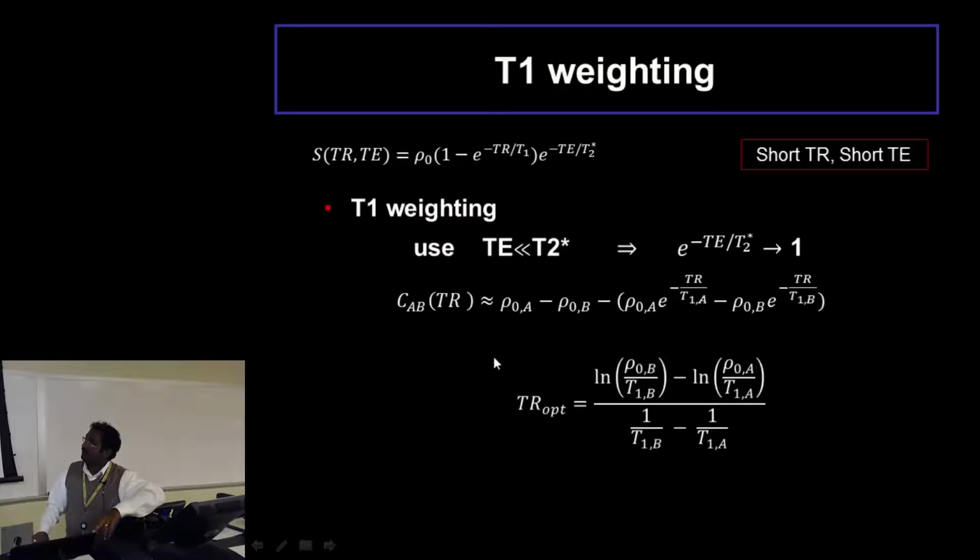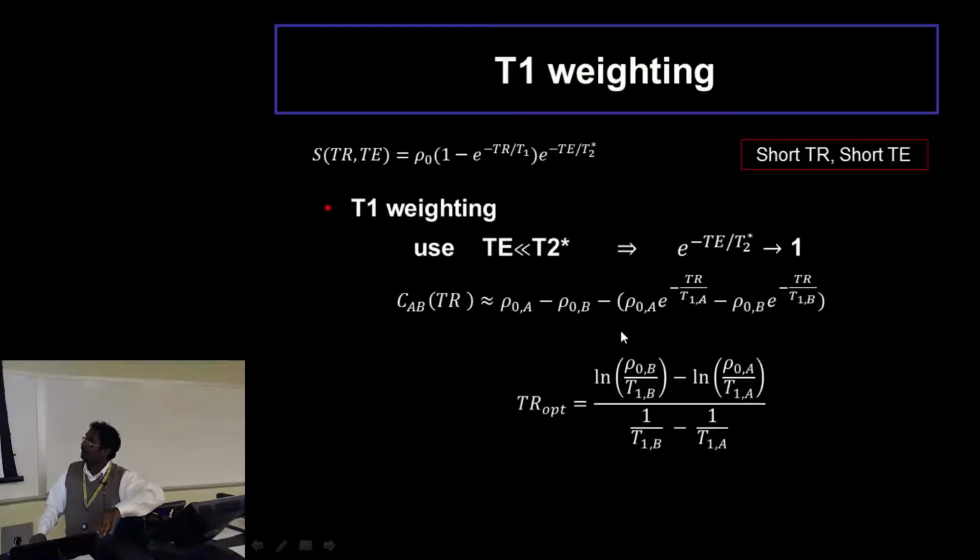Under that limit, what is the TR that you should be using so that your contrast-to-noise ratio is maximized? In this case you're assuming noise is equal for both tissues, so all you're worried about is the signal difference between those two tissues. You can write that expression. The higher order terms are not written here; you're just using the Taylor series expansion of the exponentials.